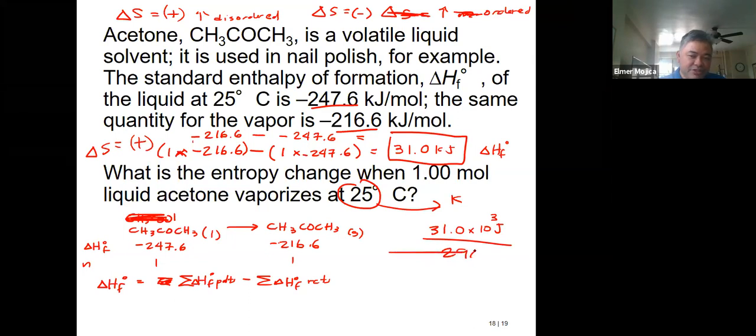So you have there 298 K. So what do you get? You're going to get 104. And it is positive. That means your delta S is positive because you become more disordered.